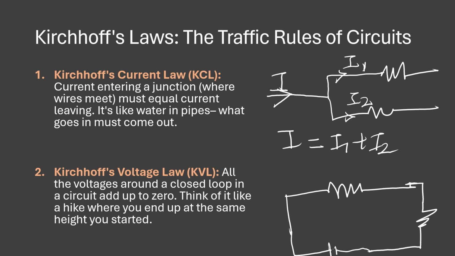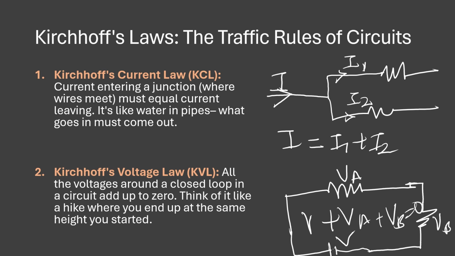So this is the voltage of resistance A, voltage of resistance B, and we have a voltage V. So what Kirchhoff's voltage law states is that the addition of all these voltages must be equal to 0. So V plus VA plus VB must be equal to 0. So that's Kirchhoff's voltage law.